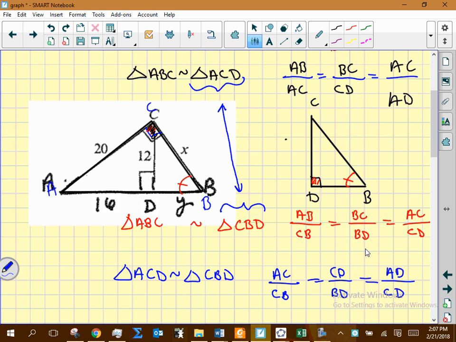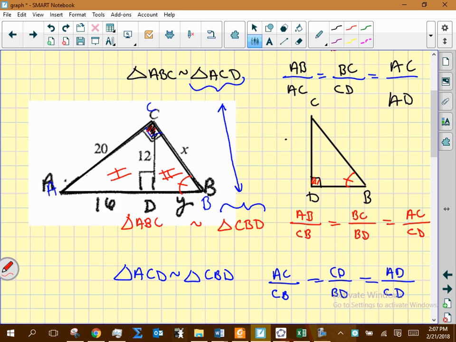Even though the 3 triangles are similar, when I compare the big one, the overall one, to triangle... Okay, so I'm going to name these as triangle number 1 and triangle number 2 here. When I look at the big triangle, the overall one, and compare to triangle 1, I'm going to get a scale factor.